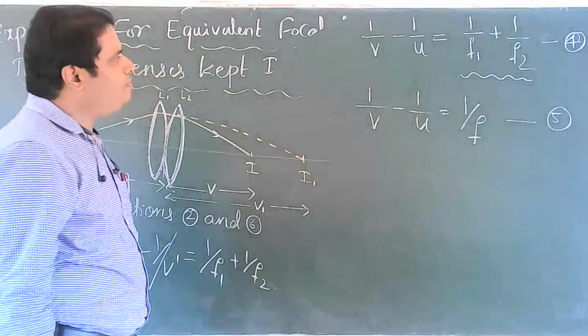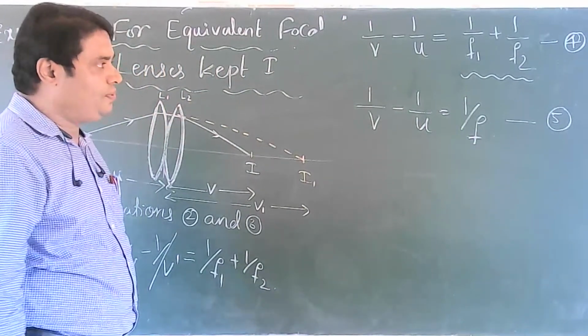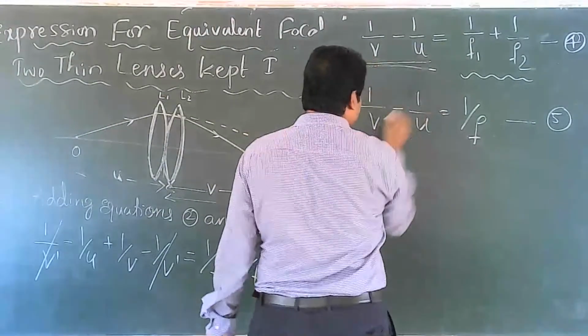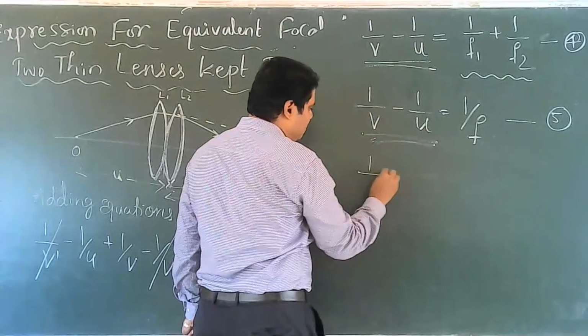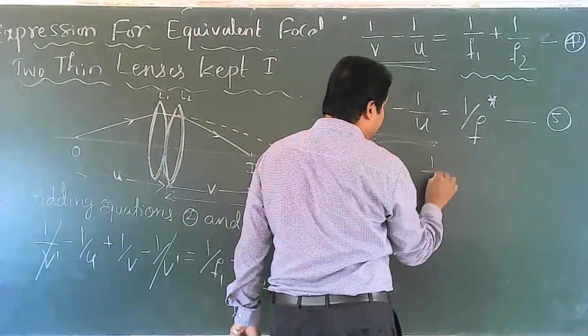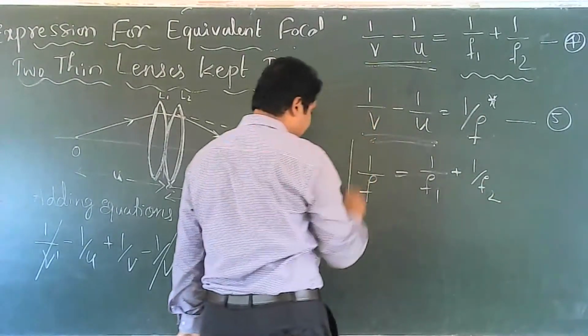Now, from equations 4 and 5, of course we can write what? Equating these two, 1 by f is equal to 1 divided by f1 plus 1 divided by f2.